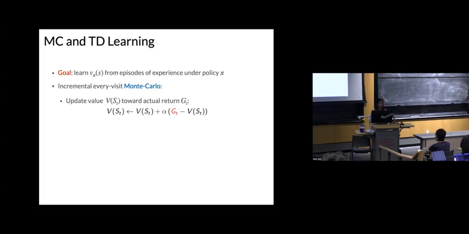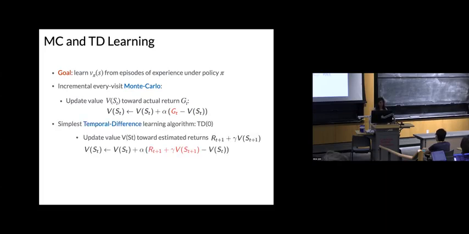Then we saw another way of estimating those value functions, which we call temporal difference learning. In the case of TD, the target is not the sum of rewards from that state onwards until the end of the episode, but instead just the instantaneous reward you get right after that state shows up, plus the discount factor gamma multiplied with the value estimate of the next state that shows up in your trajectory.